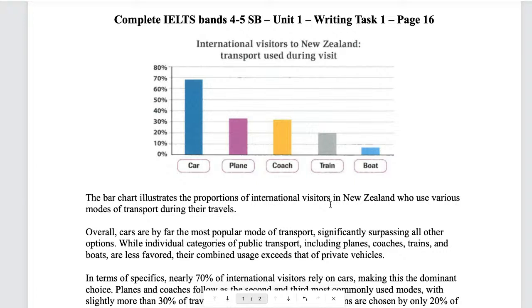So the bar chart illustrates the proportions of international visitors. Go on, write fast, guys. So now I'm guiding you, I'm helping you to make a proper writing task one.